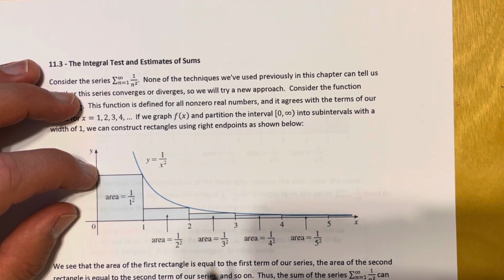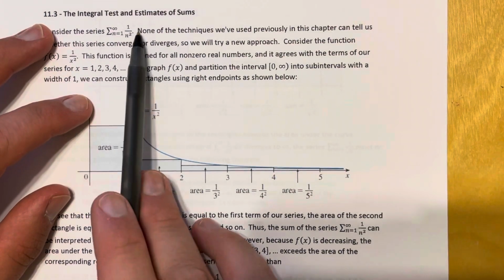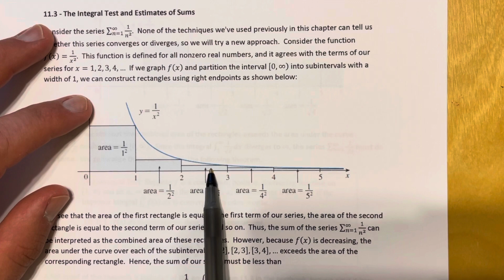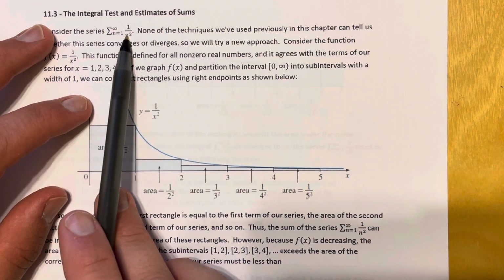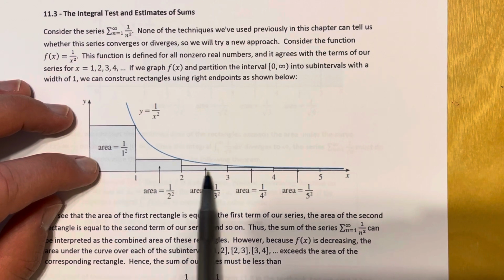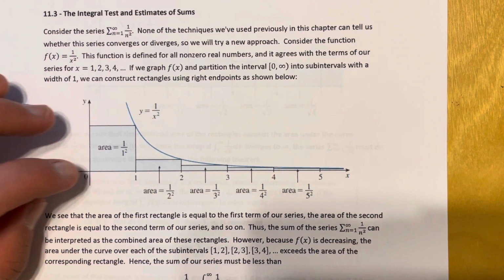It's also the area of this second rectangle. 1 over 3 squared, that'd be the third term of this series. It's also the area of this third rectangle. So this sum represents the combined area of all of these infinitely many rectangles down here.